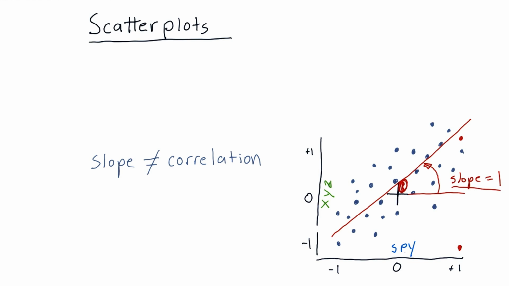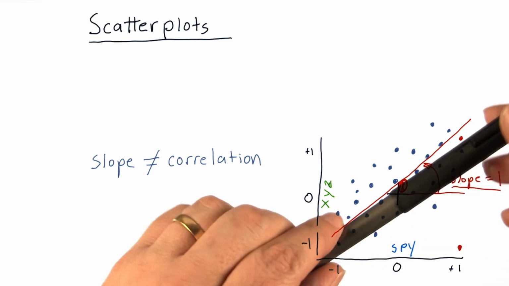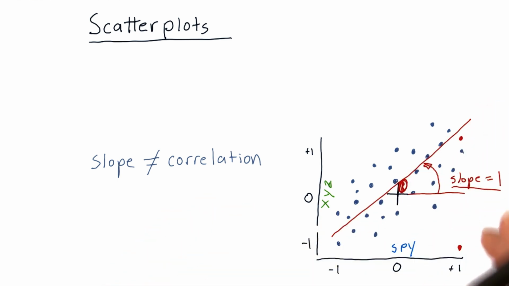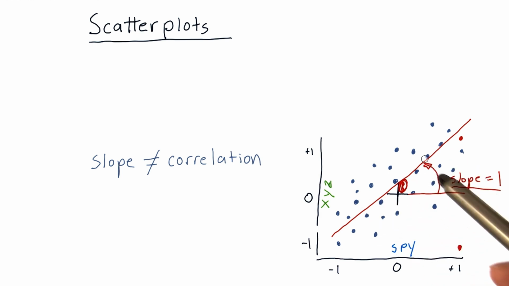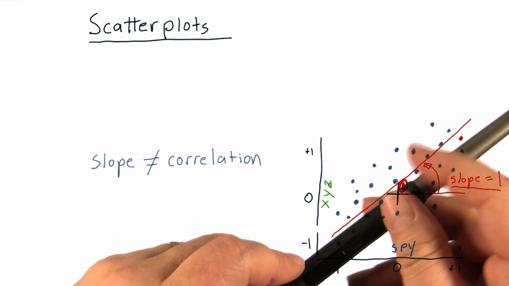Now, a mistake that a lot of people make is to confound slope and correlation. In other words, if they find that the slope of the line that fits the data is 1, they conclude that the data are correlated. And that's not true. The slope is just the slope. Correlation is a measure of how tightly these individual points fit that line.